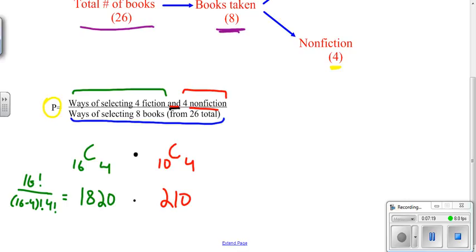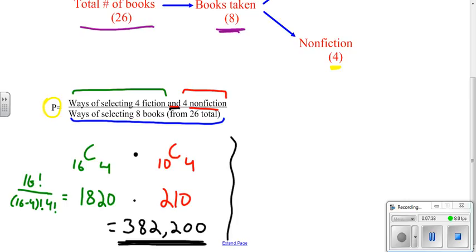So we just do 1,820 times 210, and in the end that's going to give us 382,200. So this is how many ways we can select 4 fiction and 4 nonfiction.